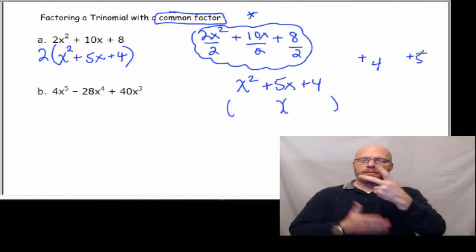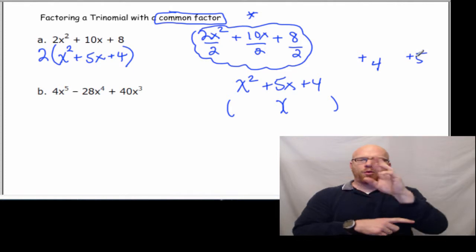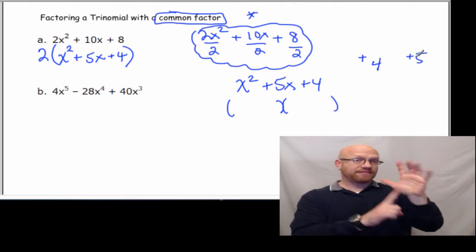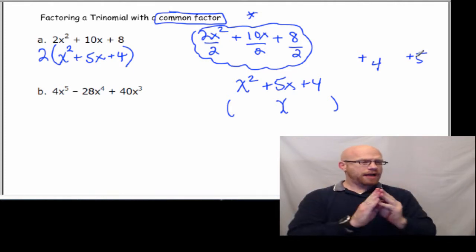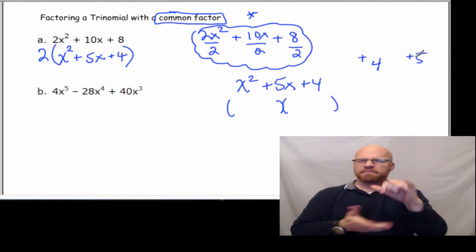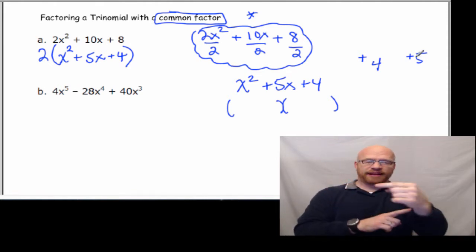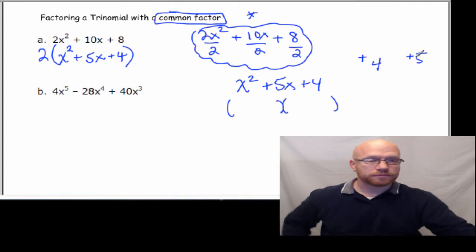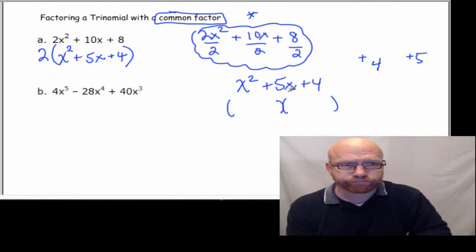So we need factors of positive 4, which means they're both either negative or positive. And now the middle term is positive 5, which means both factors have to be positive. We can't have a negative plus a negative, it doesn't become a positive. So forget the negative factors.